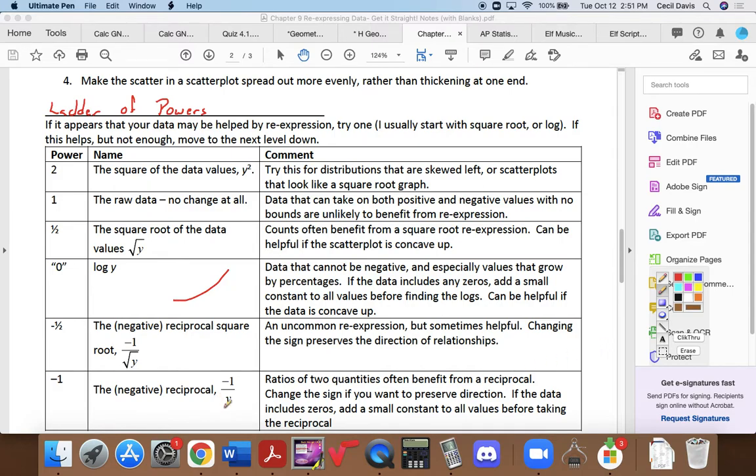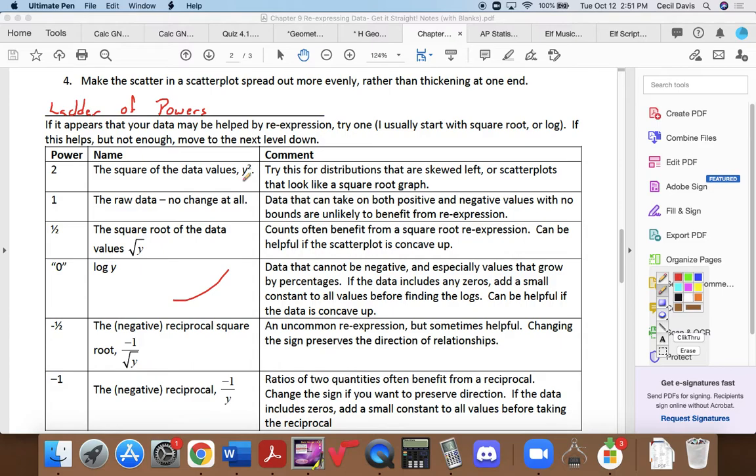Then you can also just do the negative reciprocal. Again, the change in signs helps you preserve direction. If the data includes zeros, you got to add a small constant again because you can't divide by 0. Again, I don't think I've ever seen one like that in your book, but I suppose it's possible. On the other hand, if going this way makes it worse, you can go this way, but there's not a whole lot you can do.